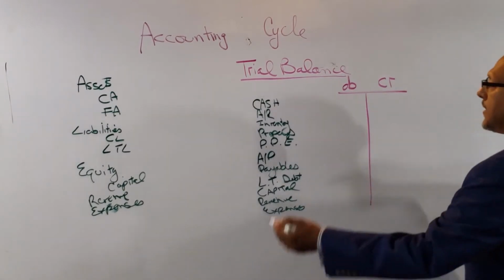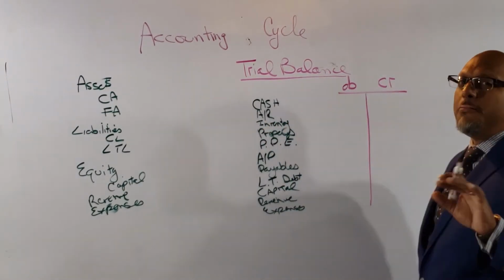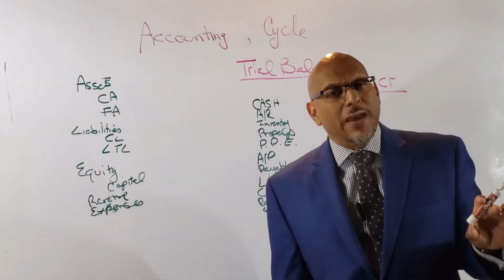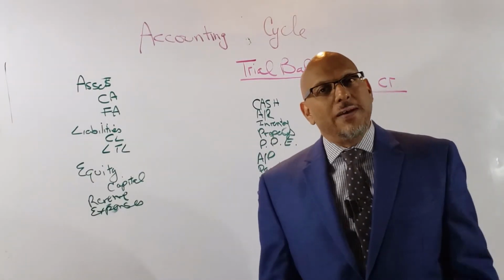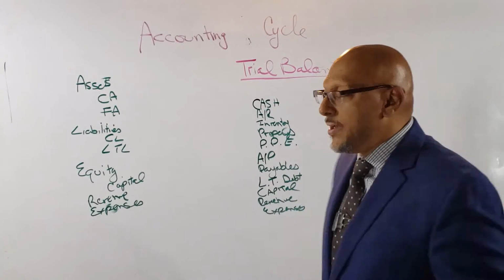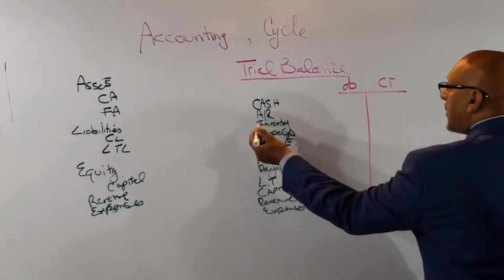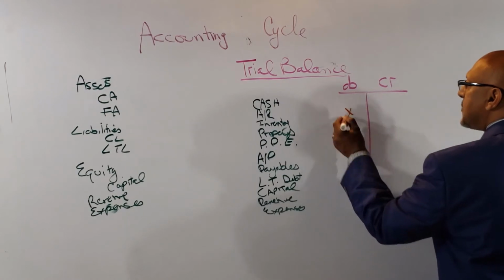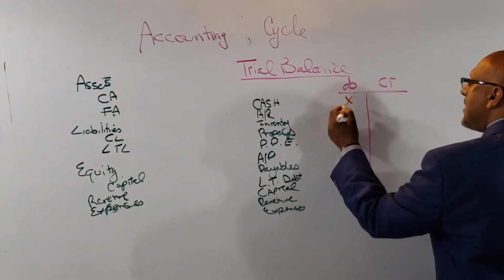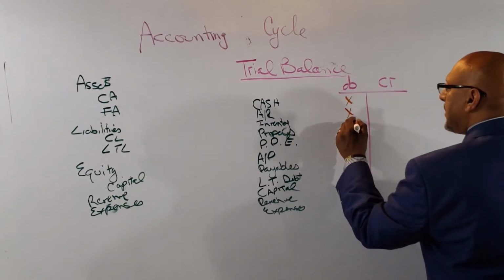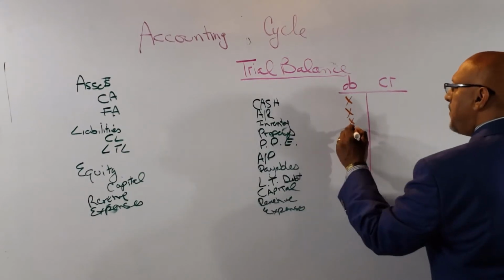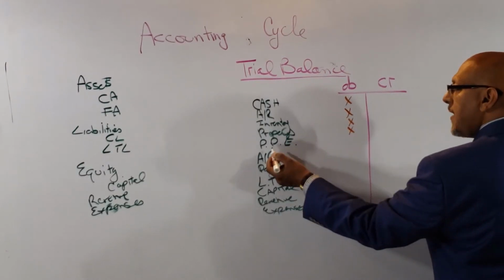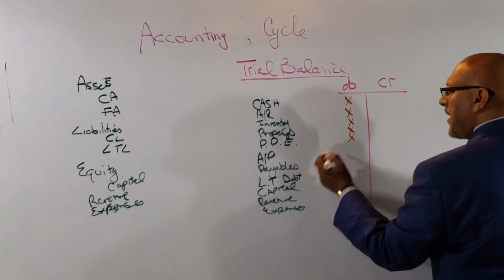Typically, cash generally would be a debit balance, but not always. If it's a credit balance, you're in trouble, but only for that period. But accounts receivable typically has a debit balance. I'm putting an X here, so you would be putting a figure there. It's an asset. Inventory typically has a debit balance. Prepays would have a debit balance. Fixed assets would have a debit balance.